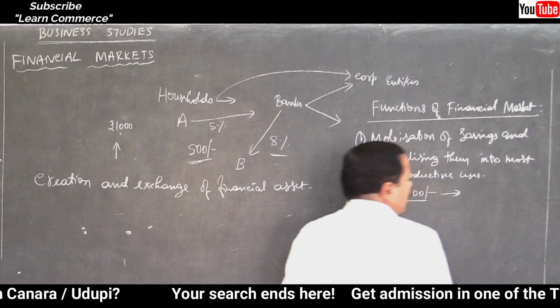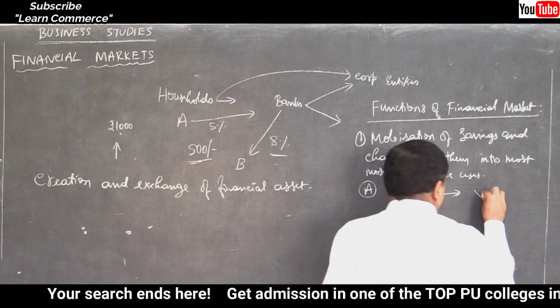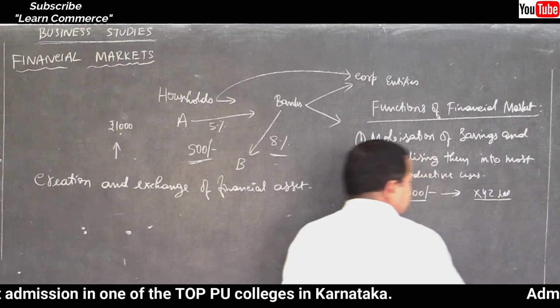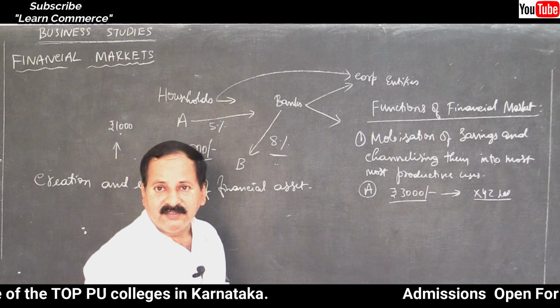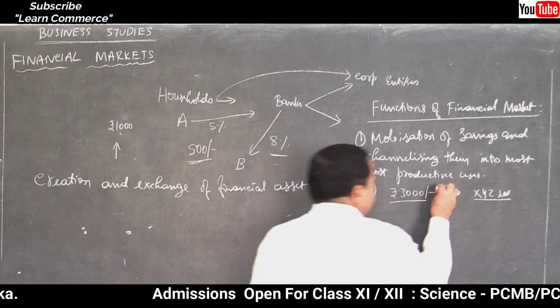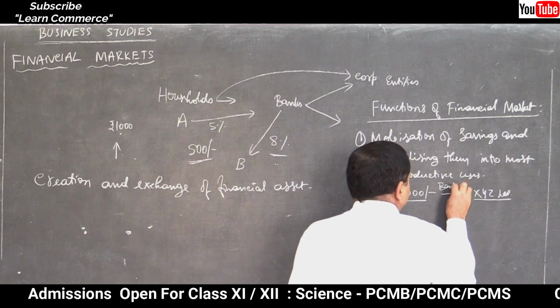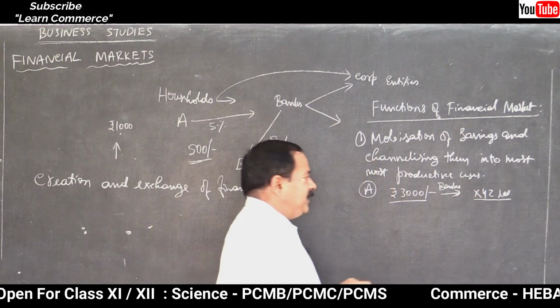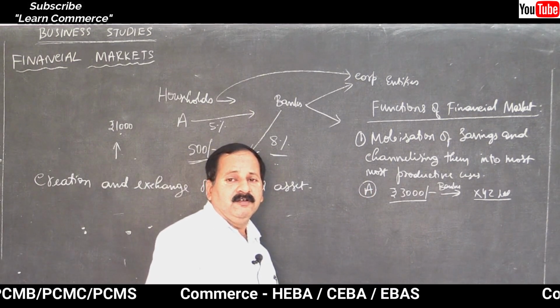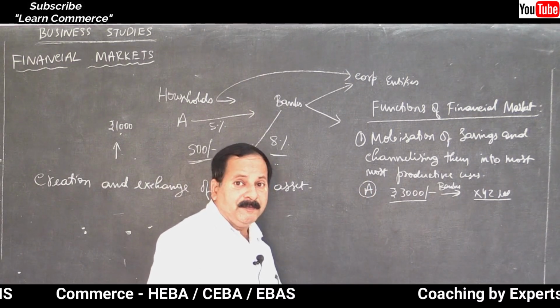a corporate entity, XYZ Limited. XYZ Limited needs crores of rupees as a loan. XYZ Limited has approached the banker. Banker is the intermediary here. XYZ and A, maybe there may be many people, daily wage earners or maybe salaried people, isn't it?